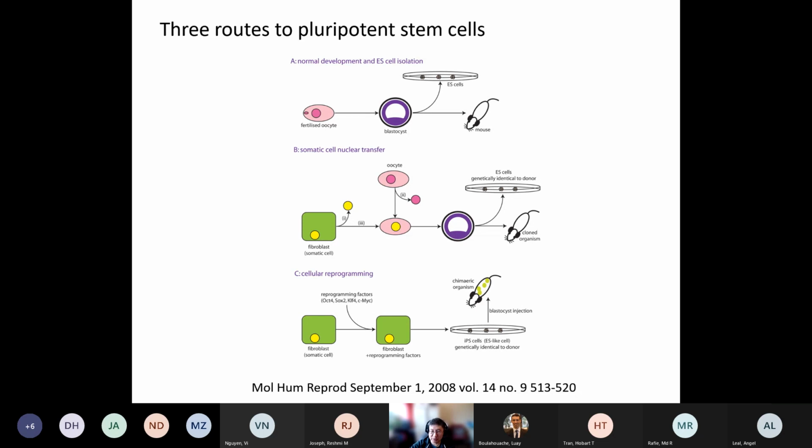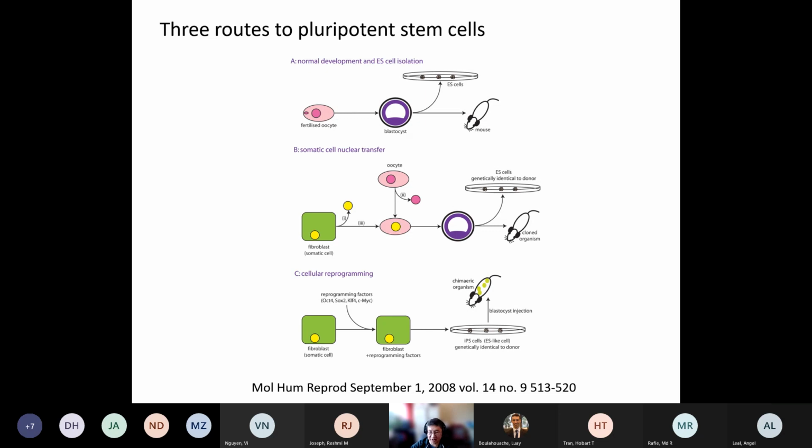You remove the nucleus from the oocyte, leaving back just the cytoplasm of the oocyte, the egg. And then you take the nucleus of any somatic cell, your liver cell, heart cell, fibroblast, whatever of your choice. And then you just take that cell nucleus. You put that genetic material into an oocyte.